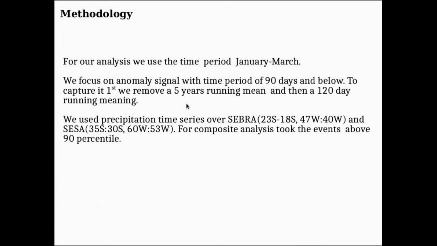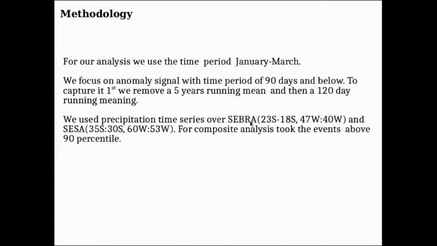So here we used filtration. We remove a 5-year running mean to remove all the interannual variabilities like ENSO, and we also remove a 120-day running mean to remove the interseasonal variability. Then we used the precipitation time series for our composite analysis.